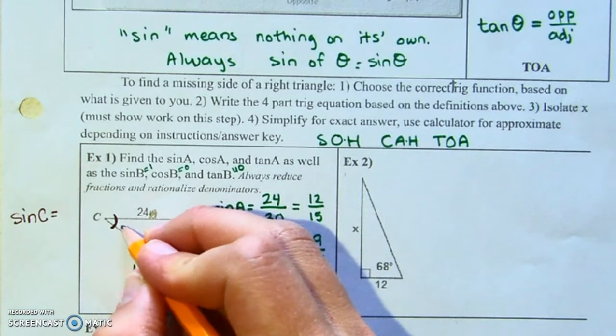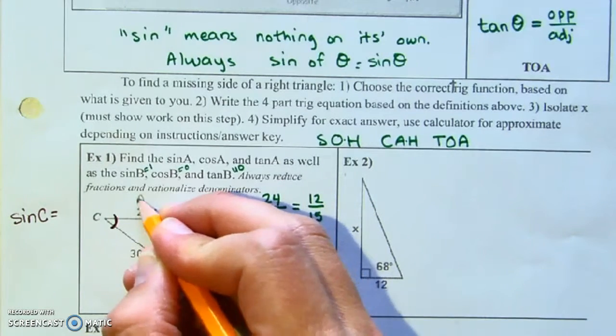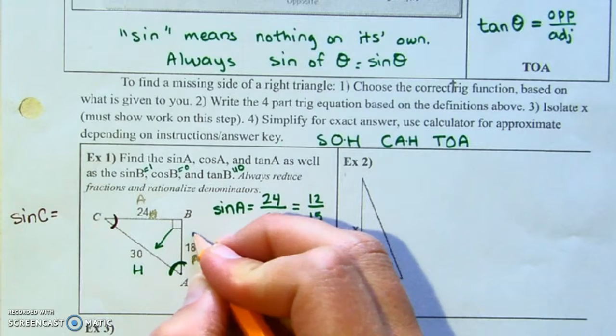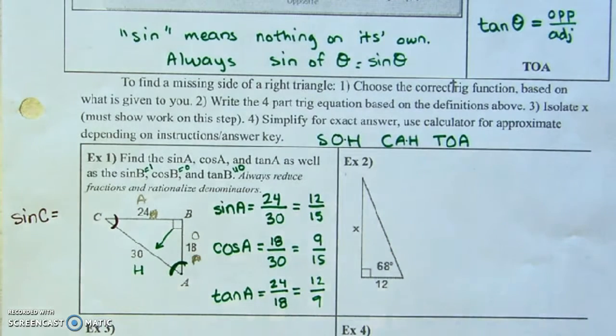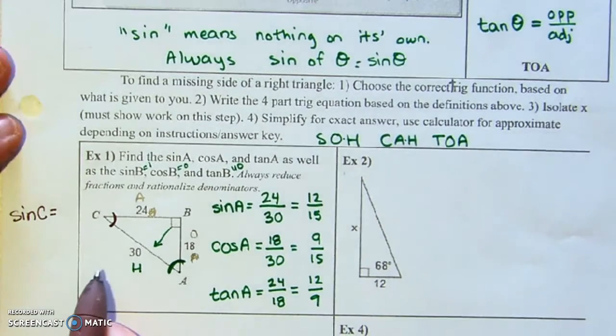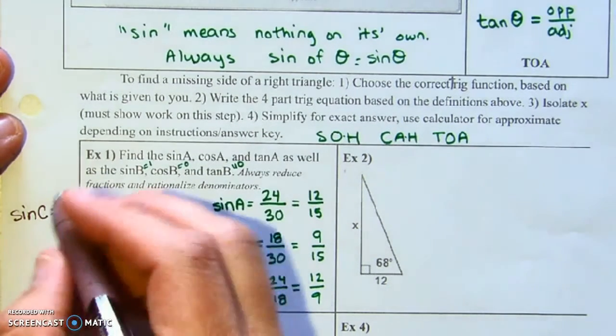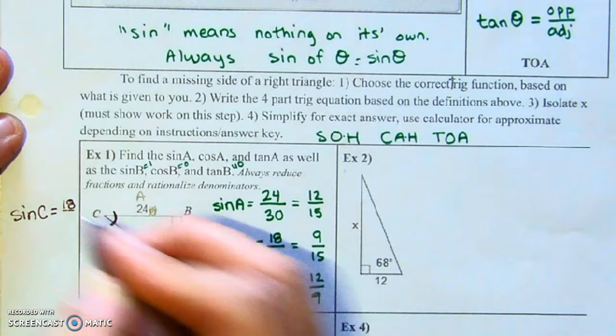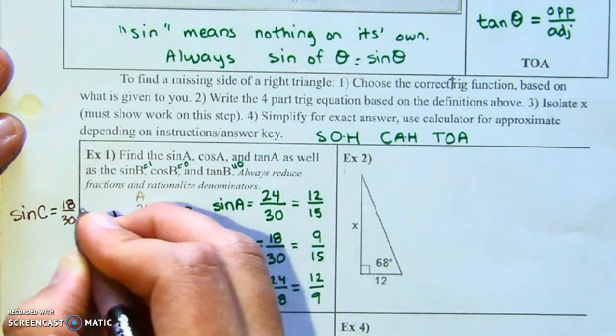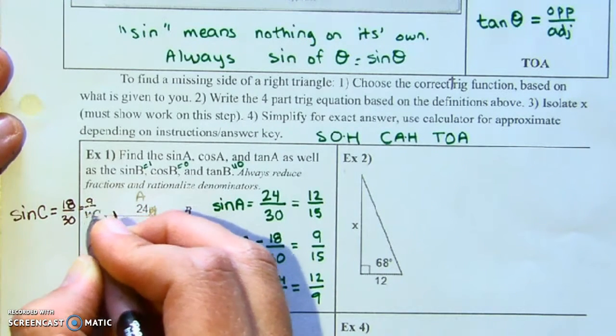Now coming from C, 24 is now the adjacent side and 18 is the opposite side. Okay, you ready? Sine of C. Sine means opposite over hypotenuse, 18 over 30, and that reduces to 9 over 15.